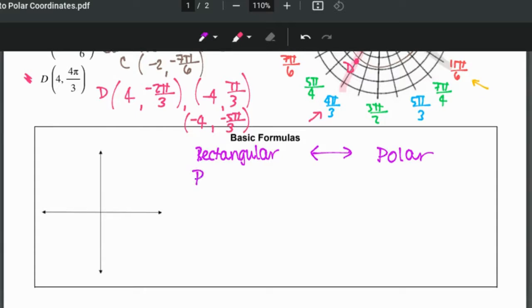So we know that a point on the rectangular coordinate plane is x comma y. So I'm going to draw this out. This is my x-axis, my y-axis. So if I have some point over here, I go x along the horizontal axis, and I go y vertically. And I could draw in a right triangle and do a hypotenuse of r, which is my radius.